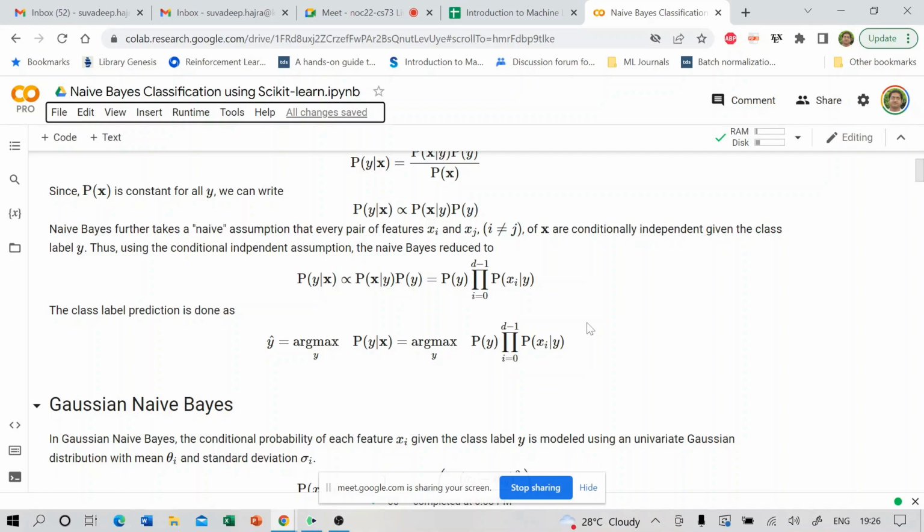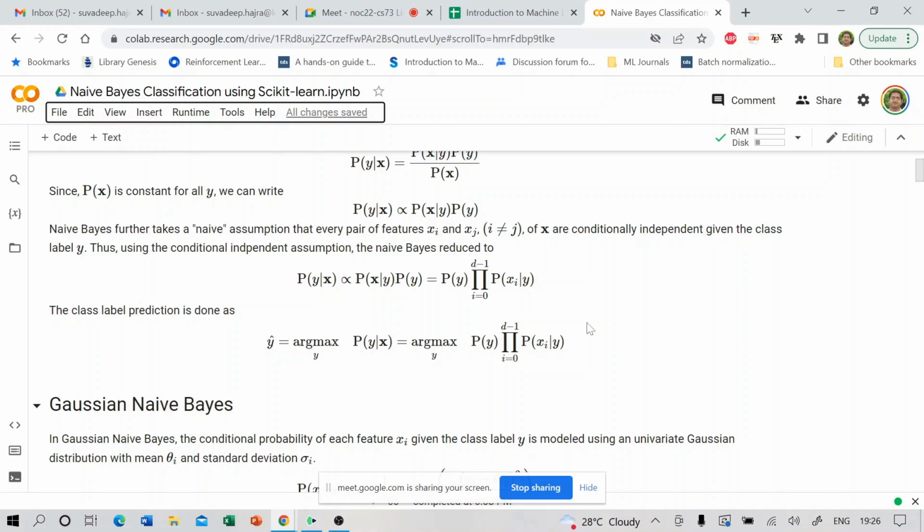In that case, your number of parameters would have been k plus something like d into d minus 1 by 2 into k, plus k minus 1. Oh, sorry, this is d plus something.